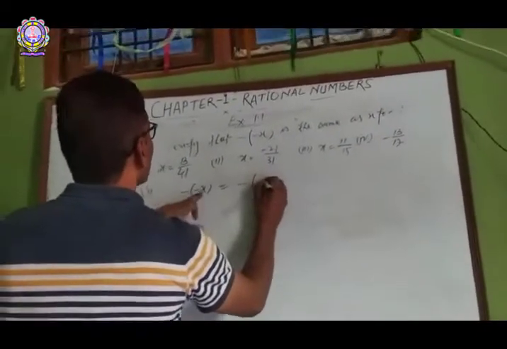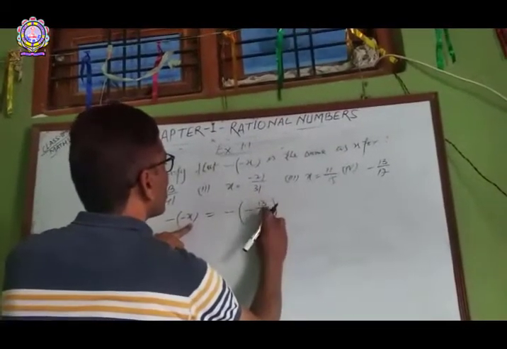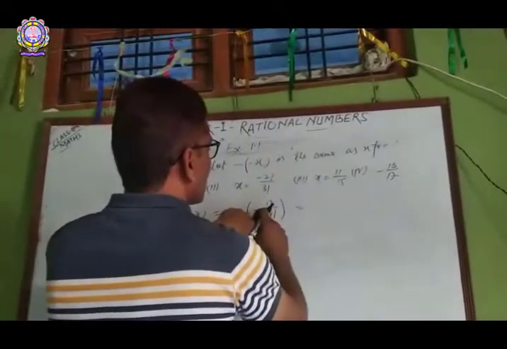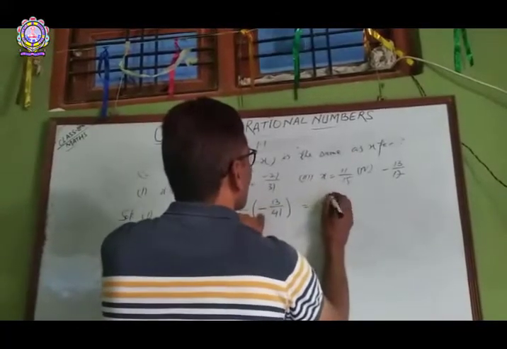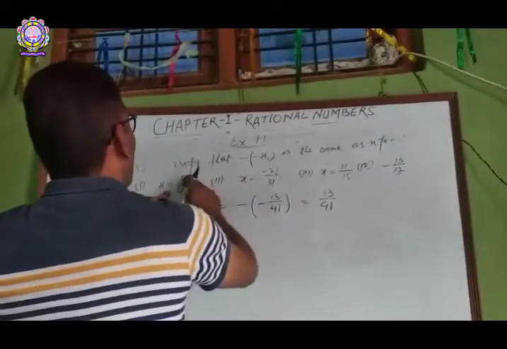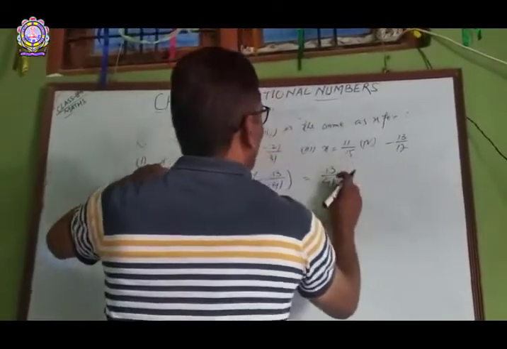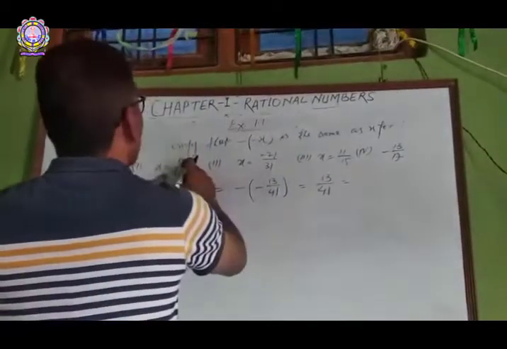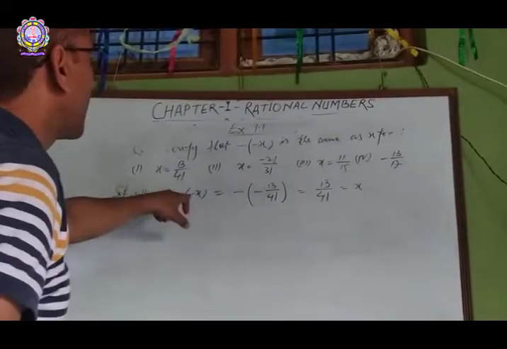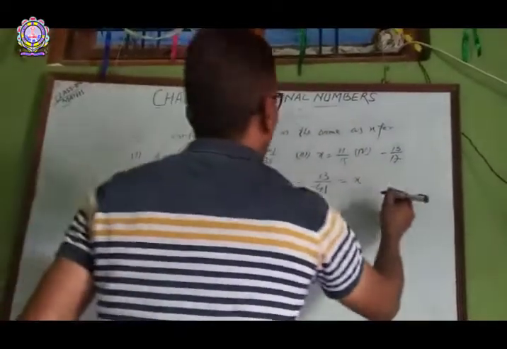Minus bracket minus of value of x, which is 13 upon 41. That will be equal to minus of minus, it means plus 13 upon 41, and 13 upon 41 is equal to x. Here we can say that minus of minus x is same as x, and it is solved.